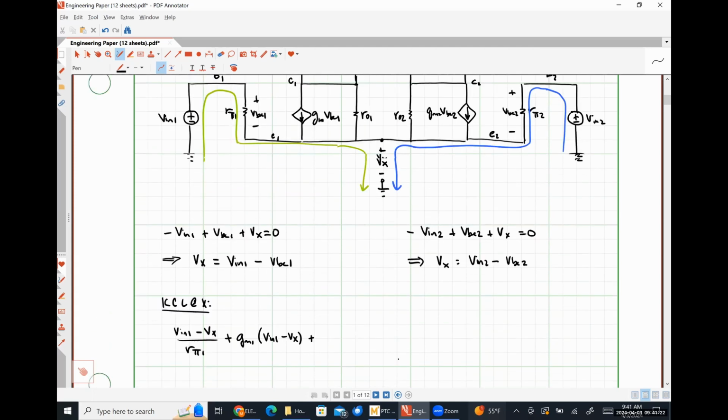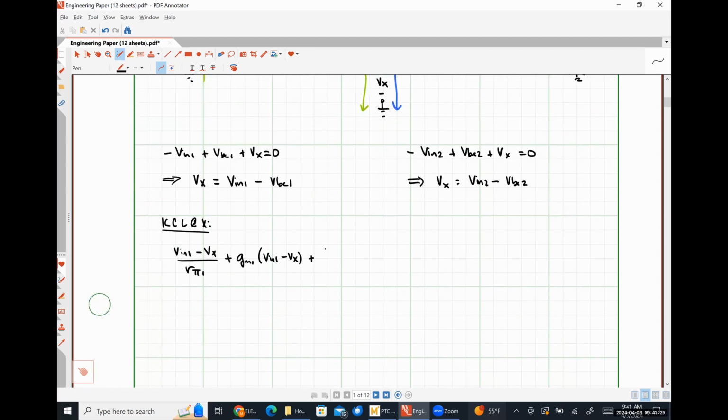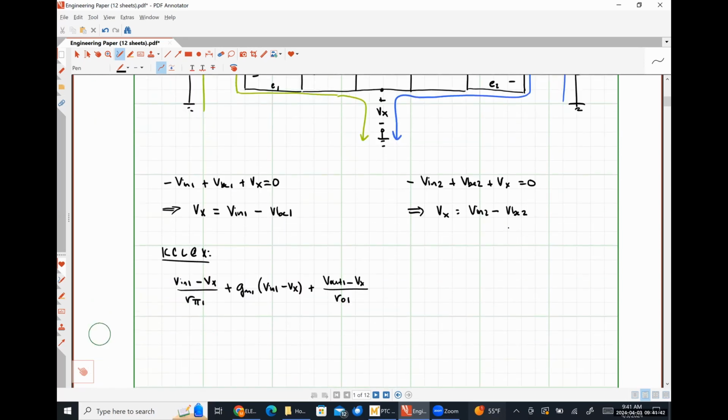We are going to have a current flowing through that resistor R01. That's going to look like Vout1 minus Vx over R01. And now we're going to have effectively the exact same set of currents flowing in on the right-hand side.